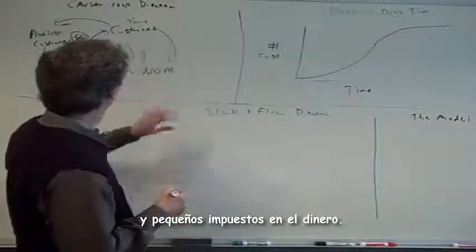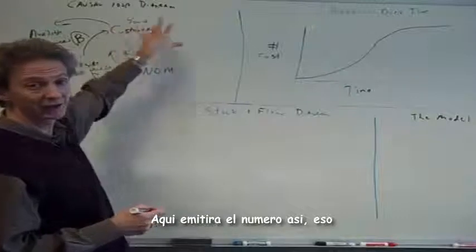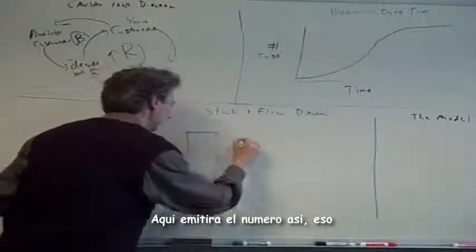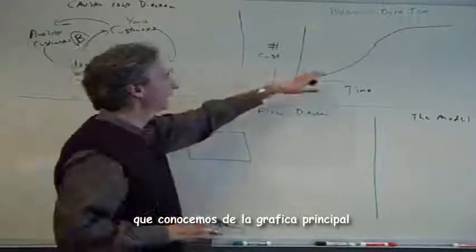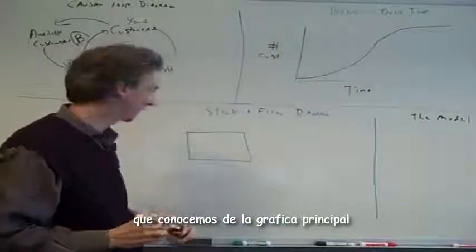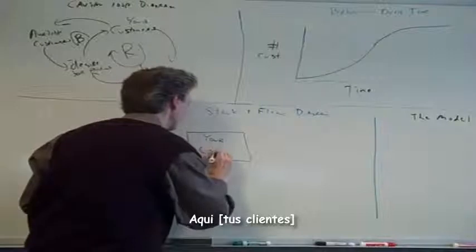So the thing you can count here would be number of customers. So that is your stock. It's also often the main thing you're graphing in these behavior over time diagrams. So your customers is our stock.